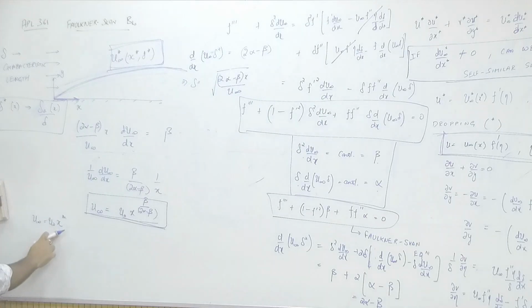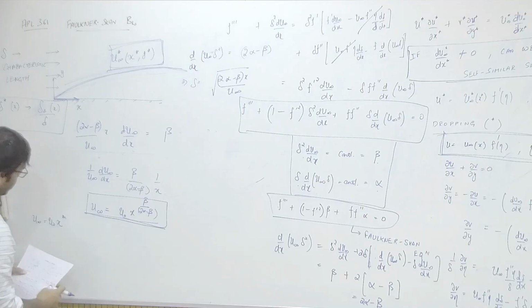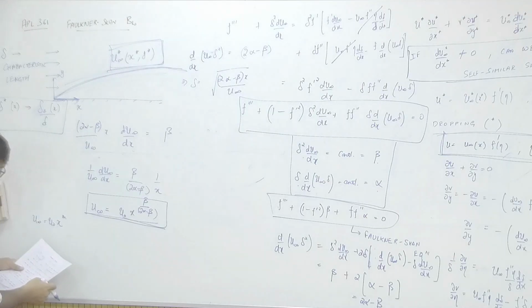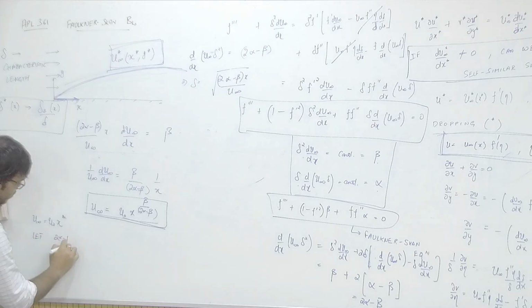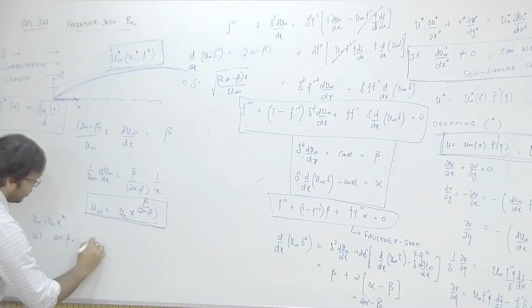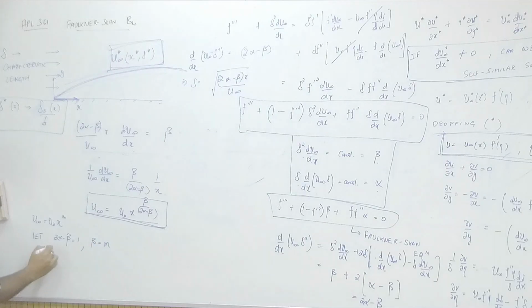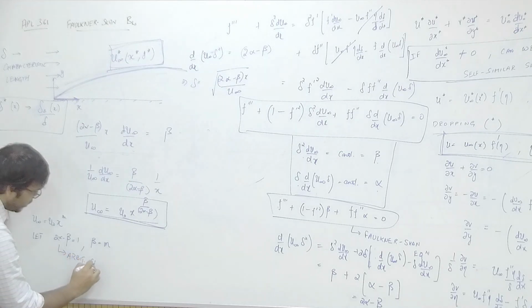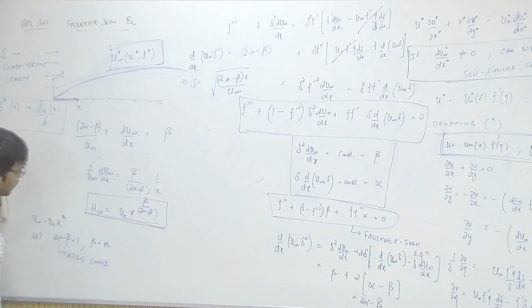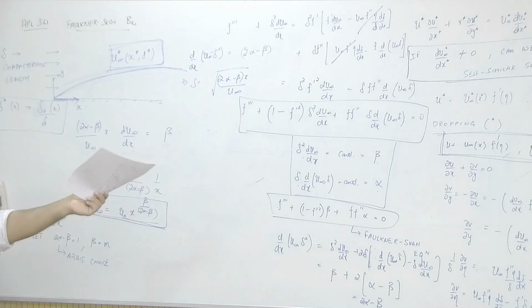So what we can say is, let's say u infinity is some u naught x to the power m, and let 2 alpha minus beta be 1 and beta be equal to m. This is an arbitrary choice, and it does not affect your eventual dimensional solution, which is of practical interest.